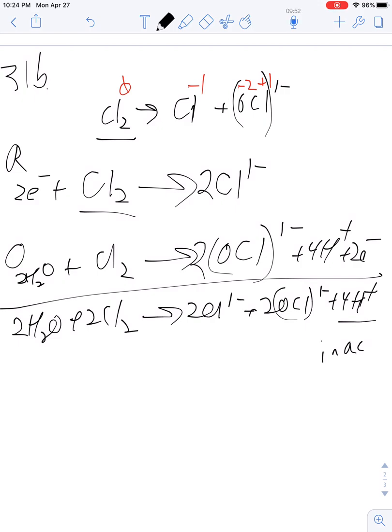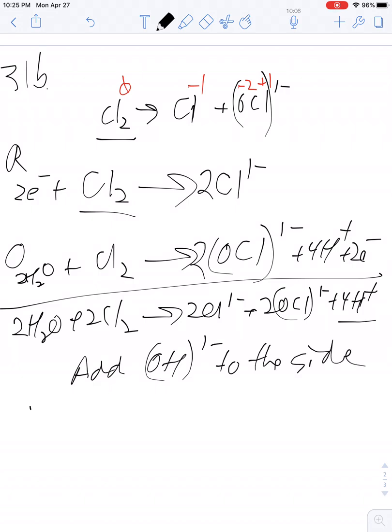To convert from acid, you add hydroxide to both sides, and you want to make sure it's got the same number of moles as the side with the H+. So if I've got 4 moles of H+, I want to make sure that I add 4 to each side.